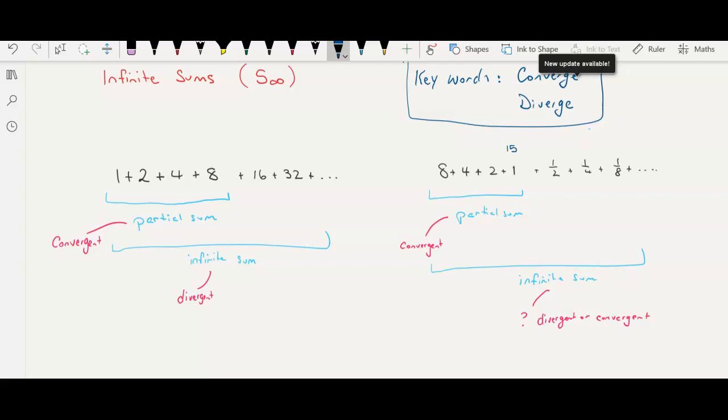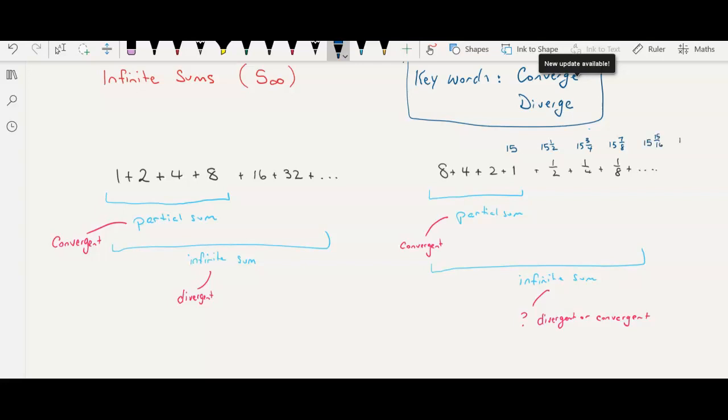If we do a partial sum accumulator as we go, 15 and a half here, 15 and 3/4 here. I'm just adding on the next term, 15 and 7/8 here. If I add a 16th to this, because that's 14/16, the next one will be 15 and 15/16.